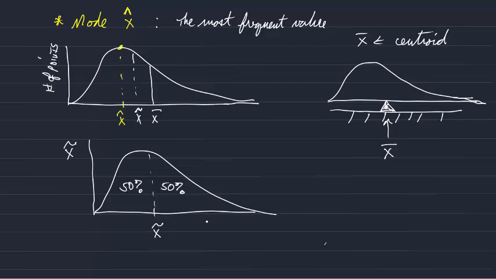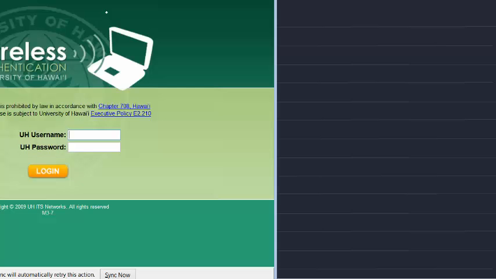Now, one advantage of the mean is that we can use it to measure the central point if some data values have more importance than others.